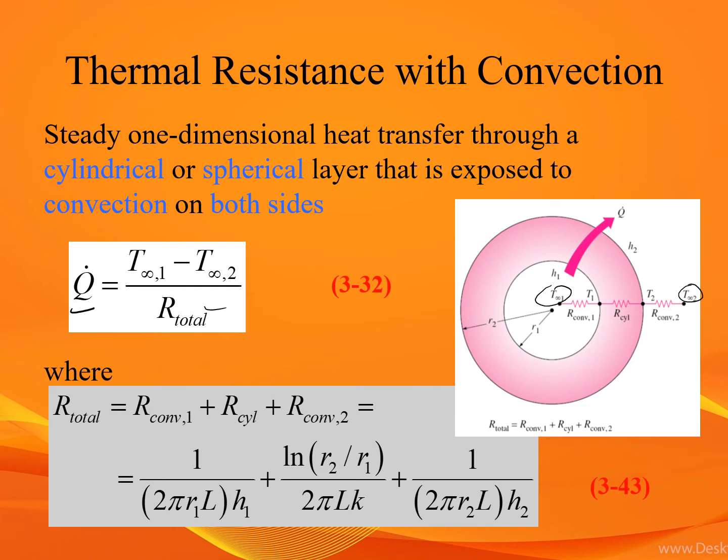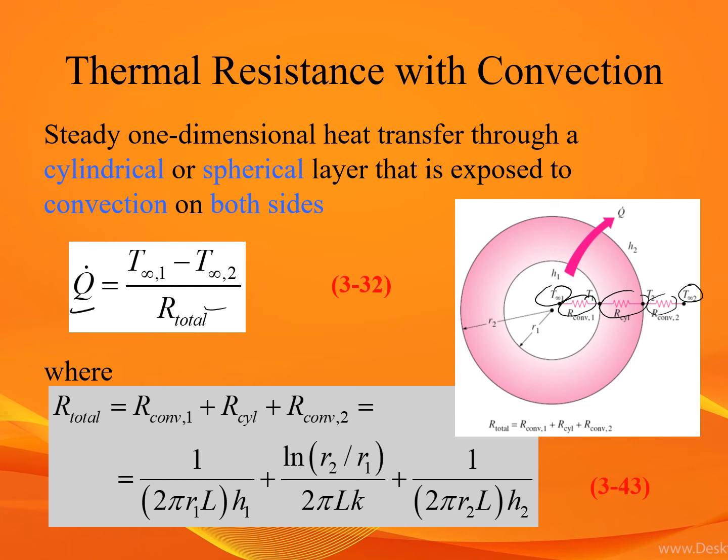Where R total is equal to, for this case, inside this system we have a convection. So we draw first the thermal resistor network. T infinity 1 starting here inside, we have a thermal resistance, our convection inside. After that, T1 to T2, we have conduction heat transfer, so the thermal resistance will be our cylindrical. Lastly, from T2 to T infinity 2, we have a convection heat transfer.